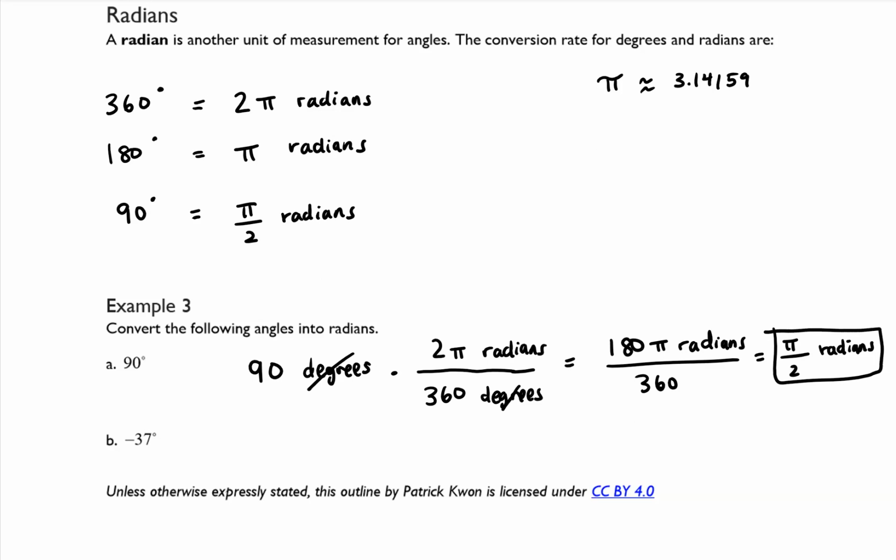Now, negative 37 degrees, I can do the same thing. So I'm going to do negative 37 degrees. And again, you can use any of the equations that I wrote up above. So why don't we maybe do the 180?